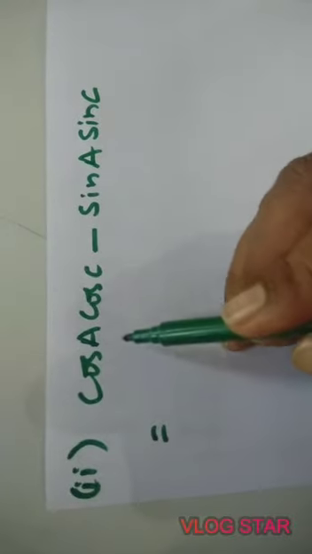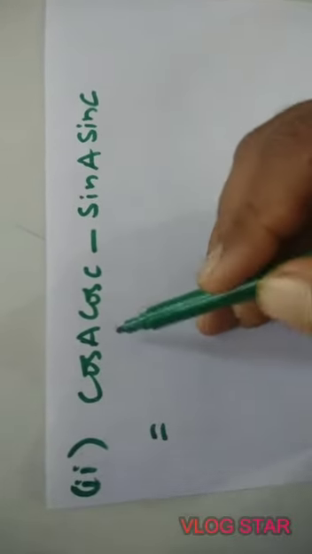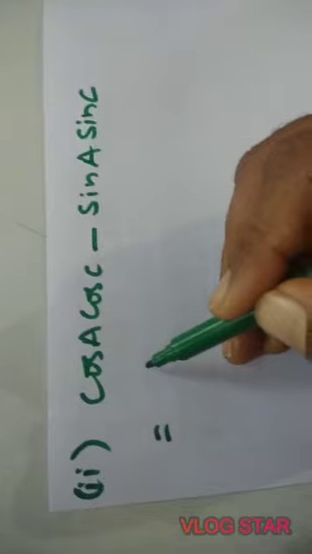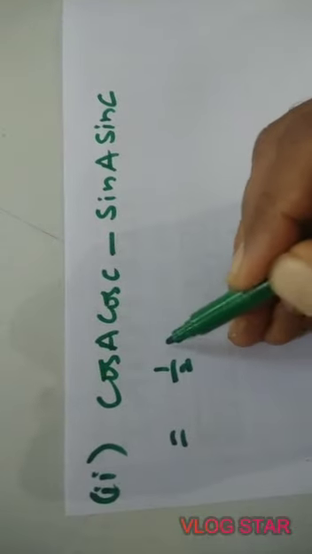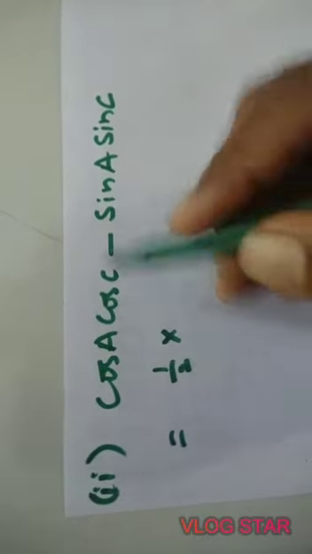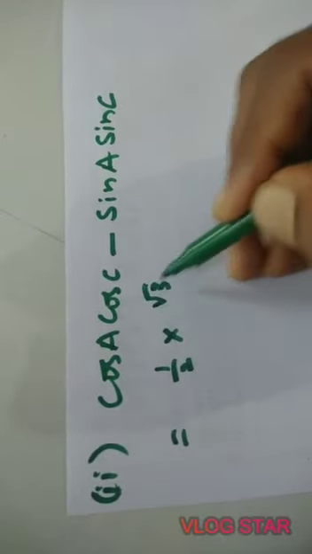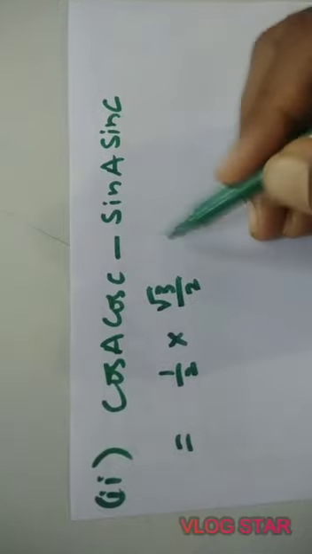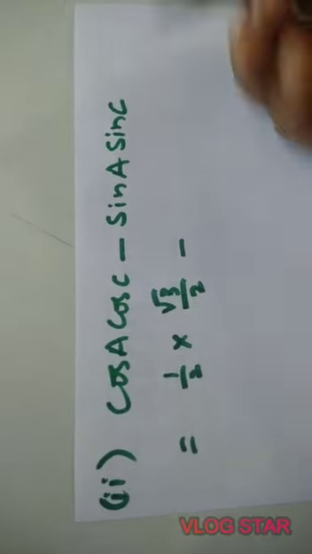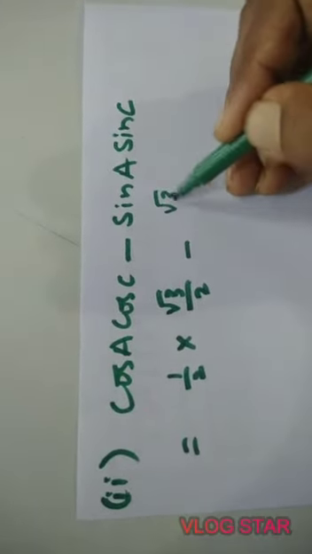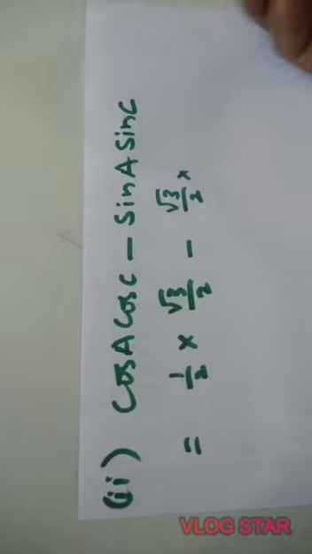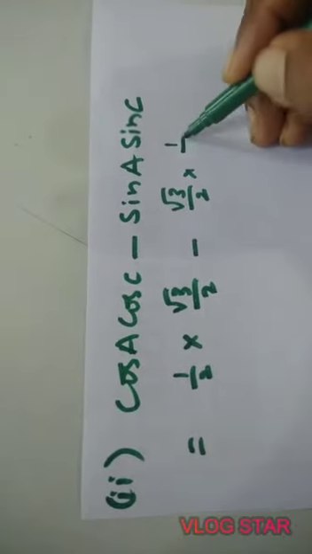Okay, next, the second problem in the eighth. So cos A is already we know 1 by 2 into cos C is root 3 by 2, minus sin A is root 3 by 2 into sin C is 1 by 2.